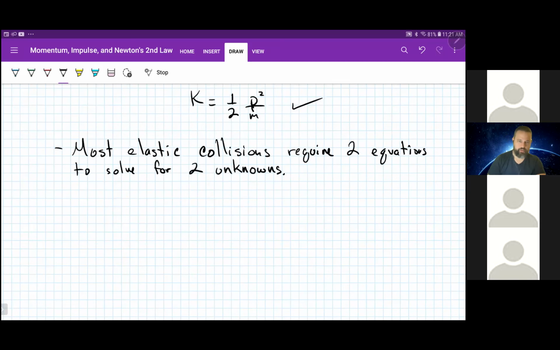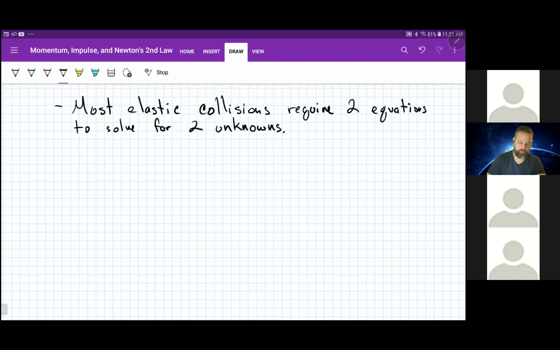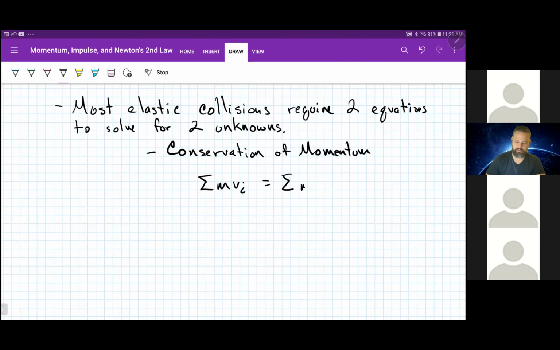All right. And so the two equations we would need: the first one would be conservation of momentum. So the sum of all of the masses times the initial velocities is going to equal the sum of all the masses times the final velocities.